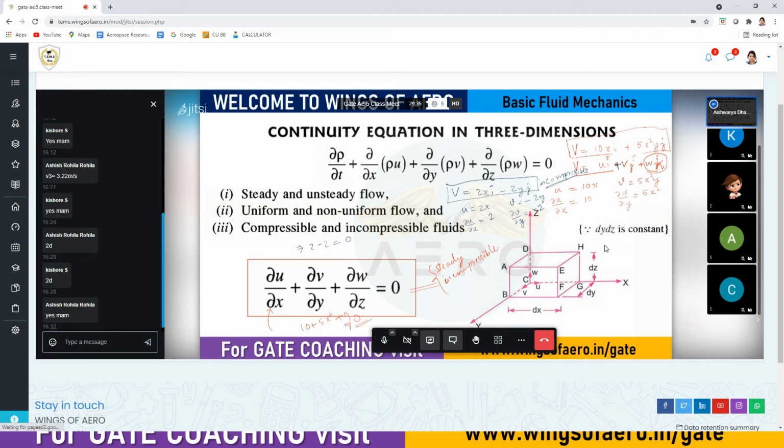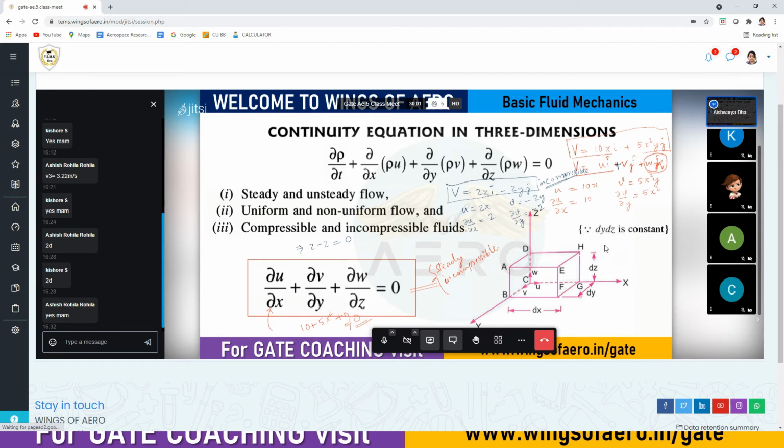Now they can also give you a statement that this equation satisfies which of the following flows. They will have steady flow, incompressible flow, irrotational flow. So there will be chances of a multiple selection question. We will come to that part also gradually when we go for irrotational flow.